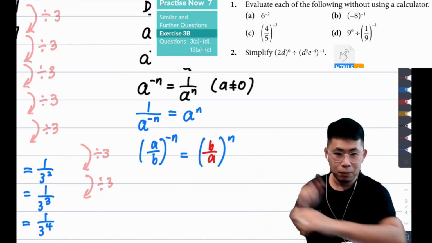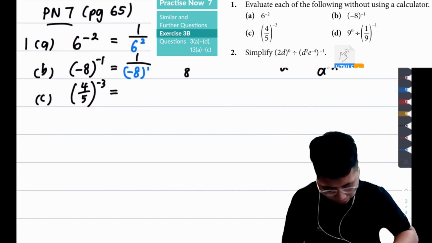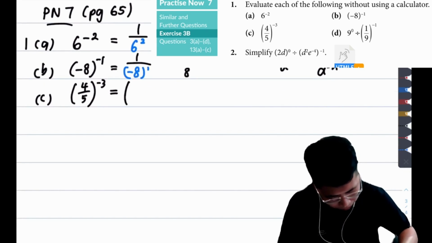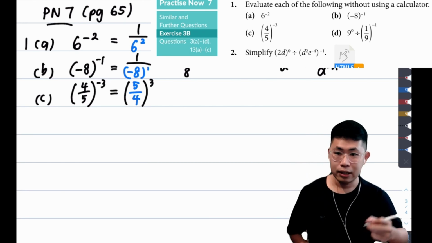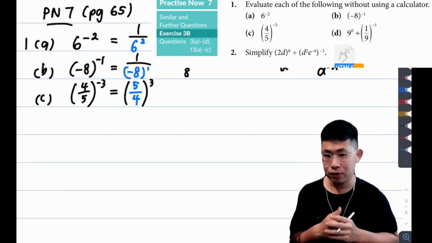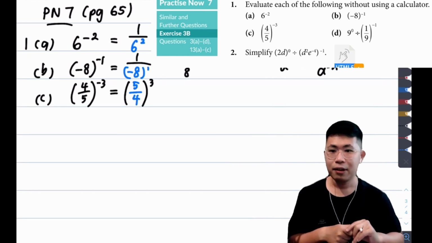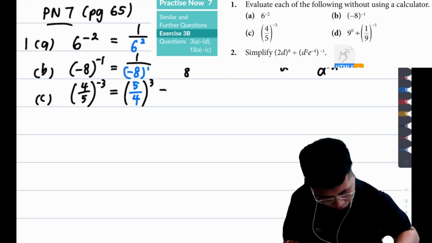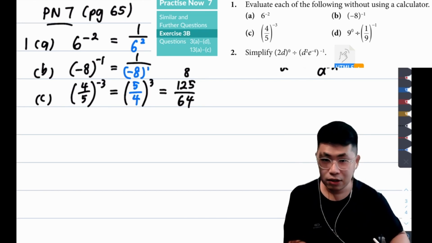We swap the places. So over here, we can swap the places of our fractions, and the action of the negative is being used up, so we don't keep the negative there. So what is 5 cubed? 5 cubed would be 125. 4 cubed would be 64. So this will be the answer for C.